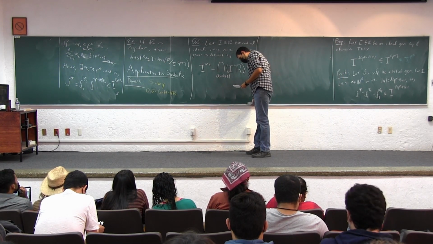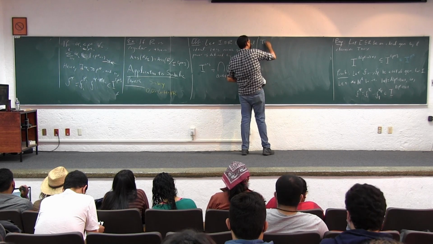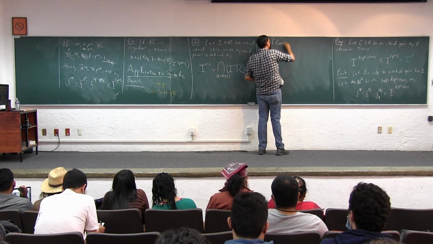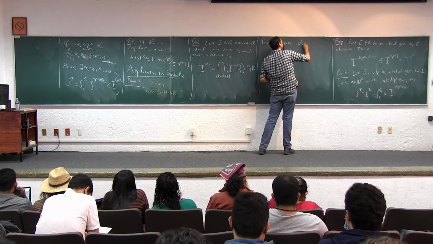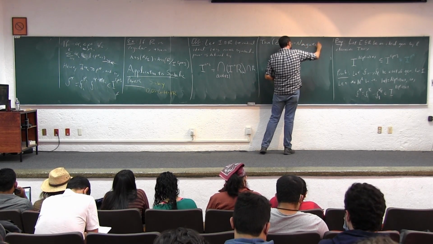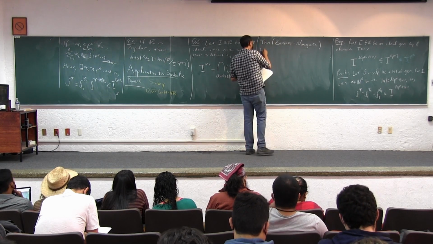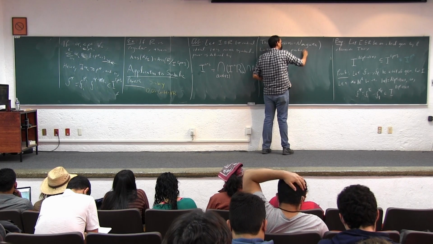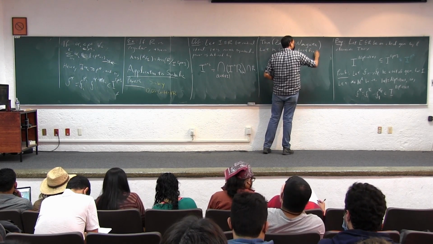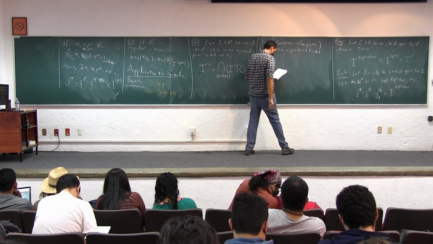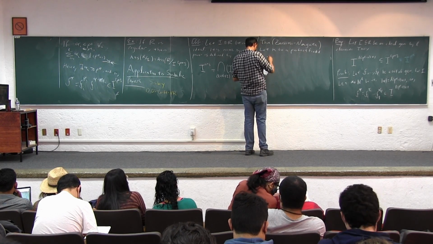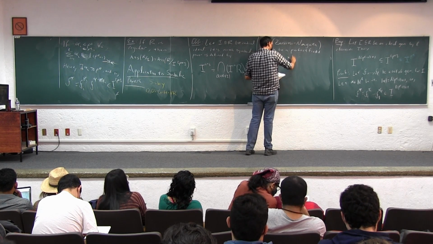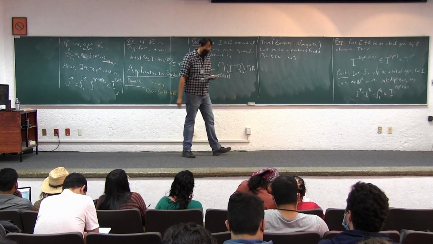And this is due to this theorem by Zariski and Nagata. It says the following: let K be a perfect field, and let's take R to be the polynomial ring in the variables over this field.